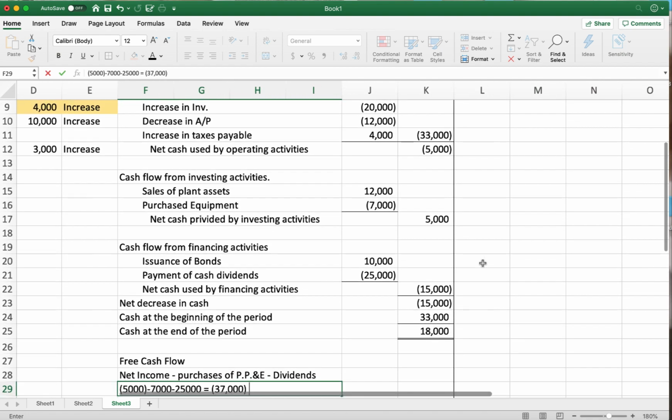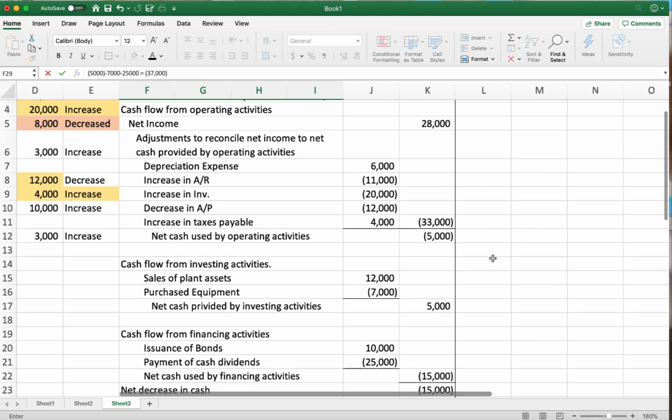Okay? Now, let's look at our income or statement of cash flow for a second. Would you say this is a strong company? Right off the bat, I would say absolutely not. Why? Well, first of all, they're losing money on their operations. That's not a good sign, right? Where are they getting cash flow from?